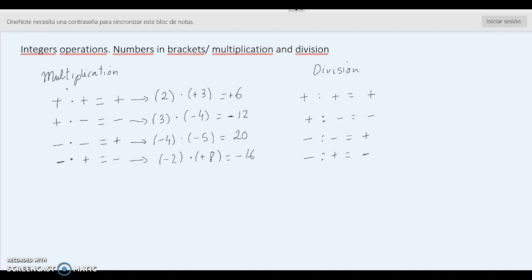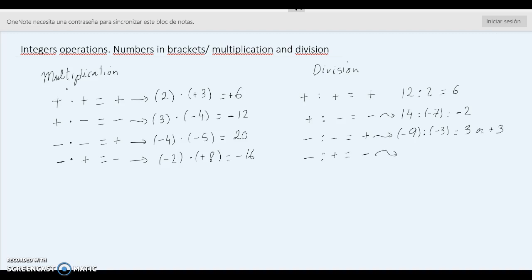For example, 12 divided by 2, we have two positive numbers, this is 6. 14 divided by minus 7, we are in the second rule. We have a positive number divided by a negative number, this is minus 2. For the third rule, minus 9 divided by minus 3, we get plus 3 or only 3. 3 or plus 3 is the same.